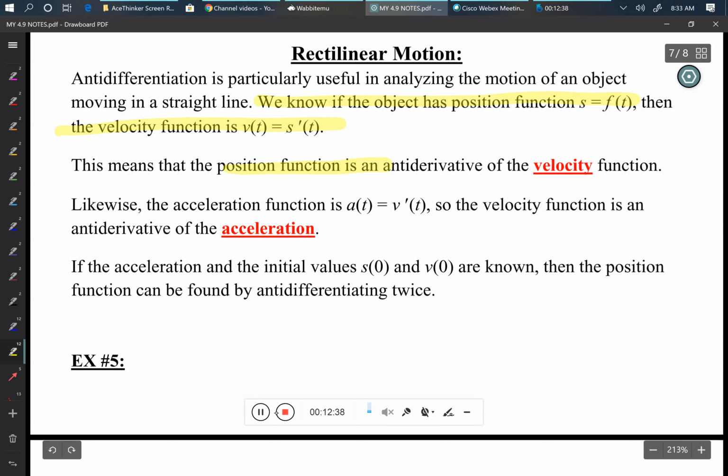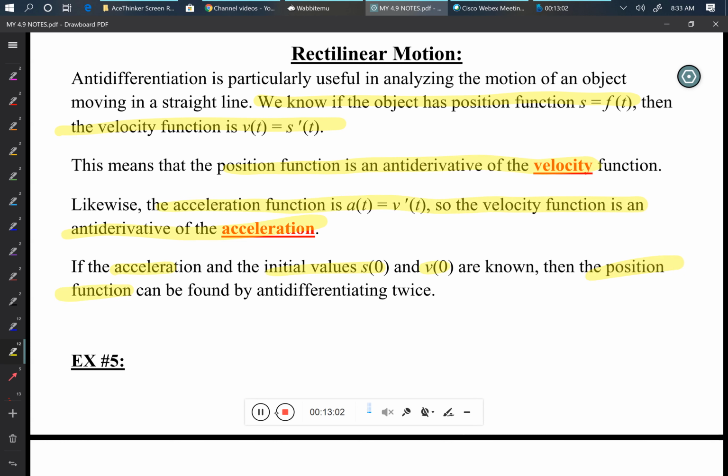So the position function is the antiderivative of velocity. And if I take the derivative of velocity, I get acceleration, so the velocity function can be related to acceleration by taking an antiderivative. And if we knew some initial values for acceleration and/or velocity, we could find position functions.